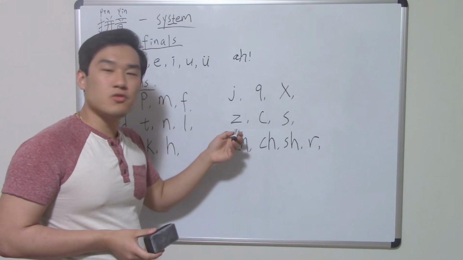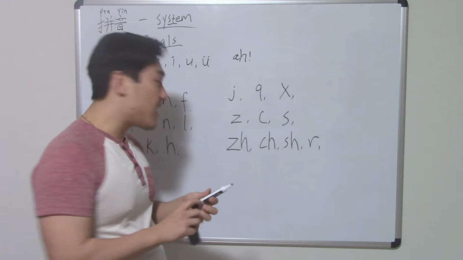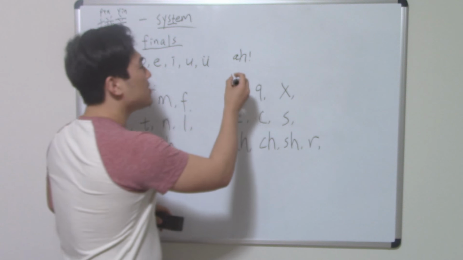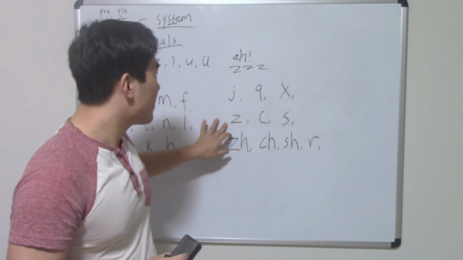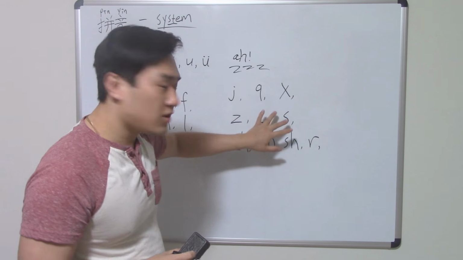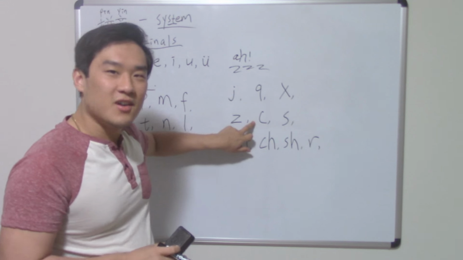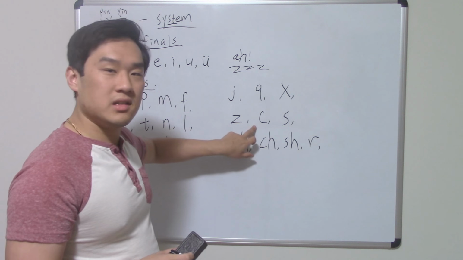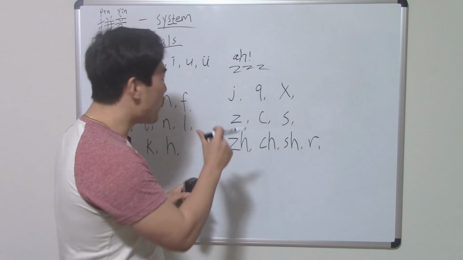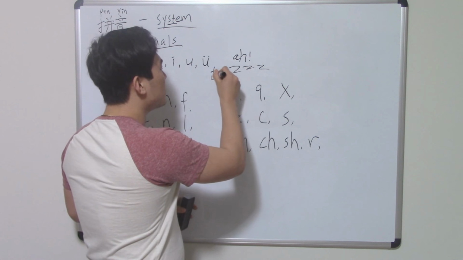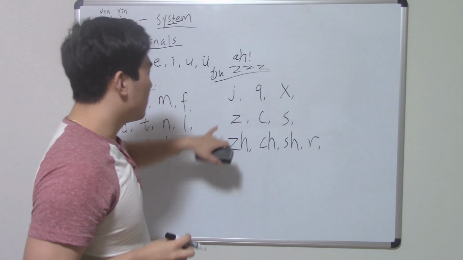Okay. Then this one will be z. It's like the buzz. Z. Yeah, exactly like in buzz, but you just say it short, just the one sound. So z. And then these two are actually the same idea. If you say buzz, and buts with a ts, so z, ts. This one will be s. Does it kind of make sense? If you say a word like buds, buds, z, right?